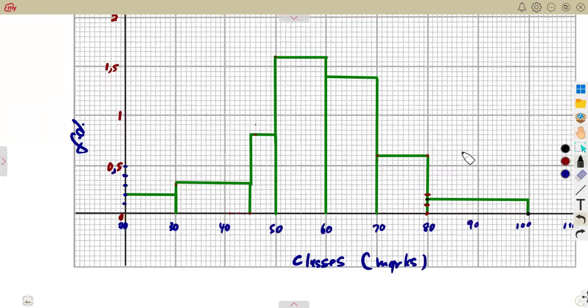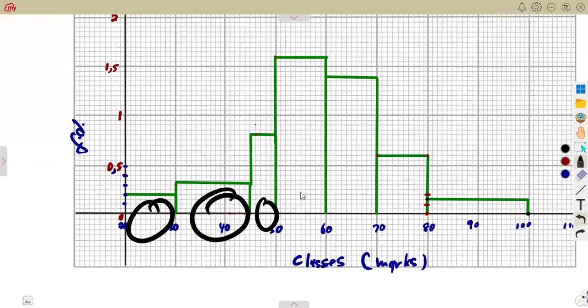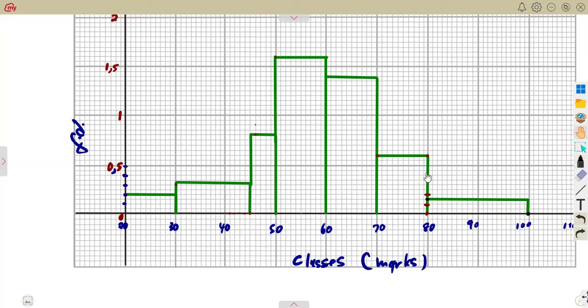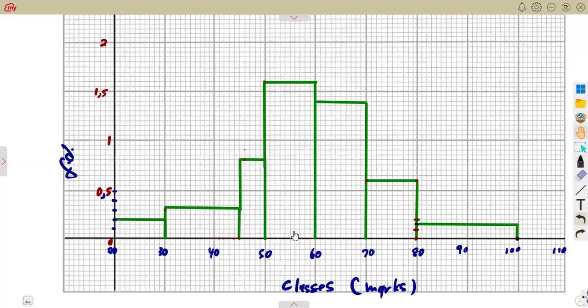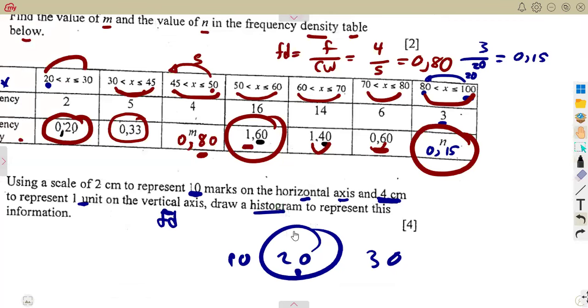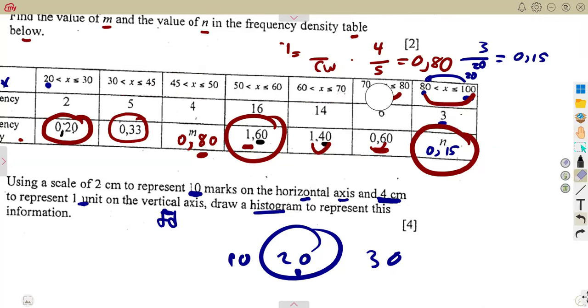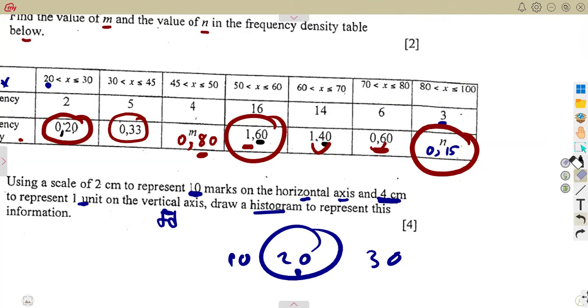So under exam condition, it depends. As you can see on this one, the widths are different because of the classes that we had. They can be the same because of same classes. Like I said, under exam condition, we are supposed to expect questions where the classes are given in the nature of the inequality sign, where you are given x is greater than this.